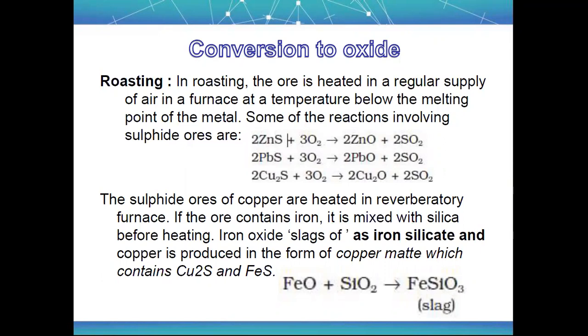The sulfide ore of copper is heated in a reverberatory furnace. If the ore contains iron, it is mixed with silica before heating. Why silica? Because it absorbs the air. Silica gel is used to separate out the gas from the mixture, or you can say from your compound.